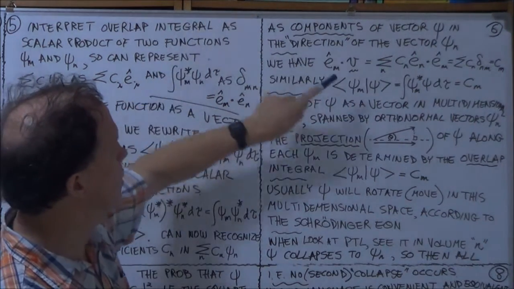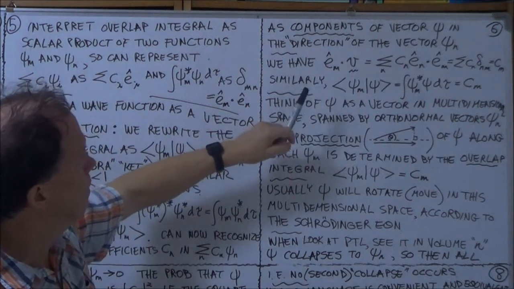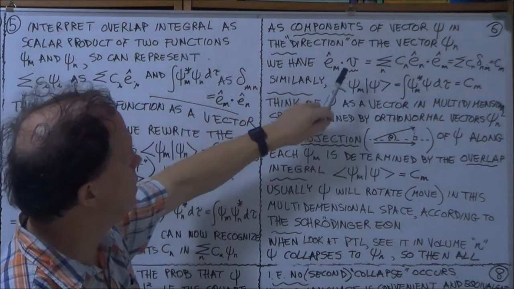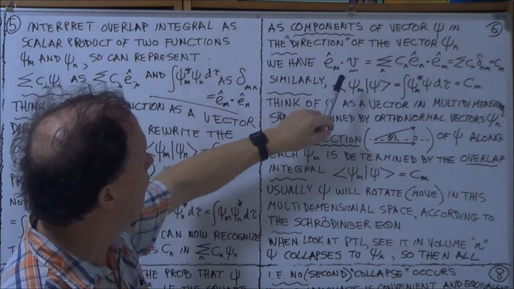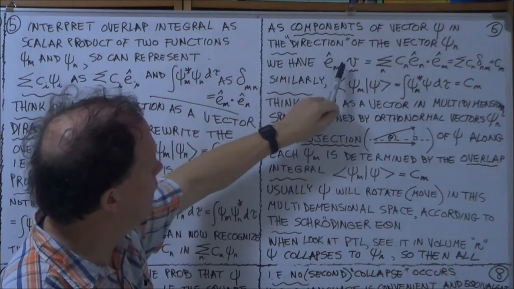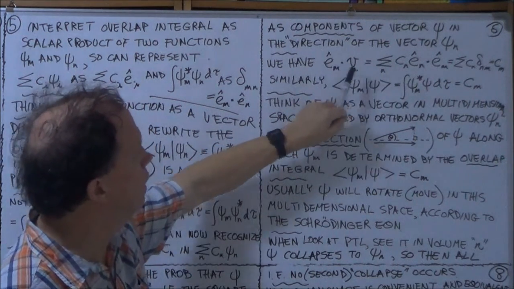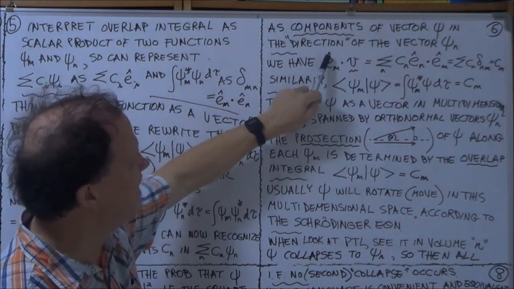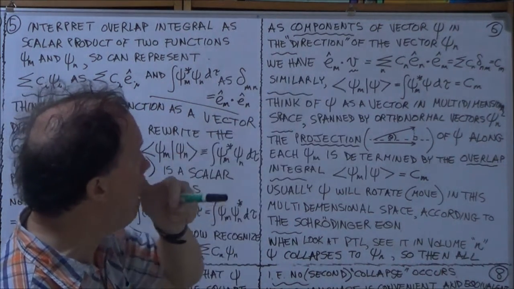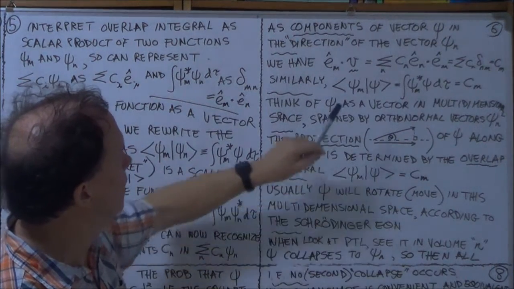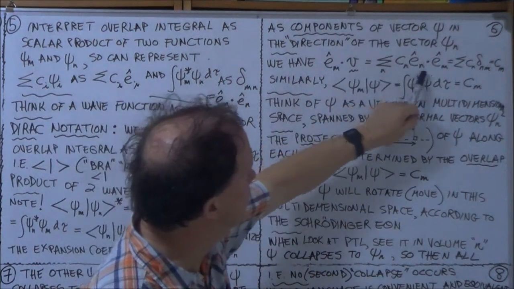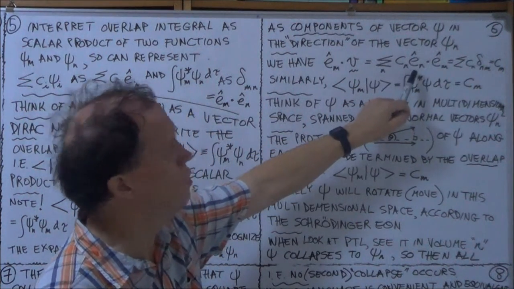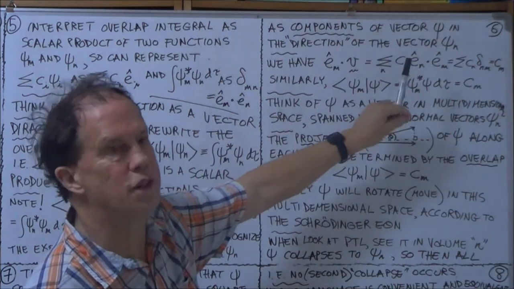So watch what happens. If we're talking about ordinary vectors, and we dot product a general vector v by one of these unit vectors, e_m hat.